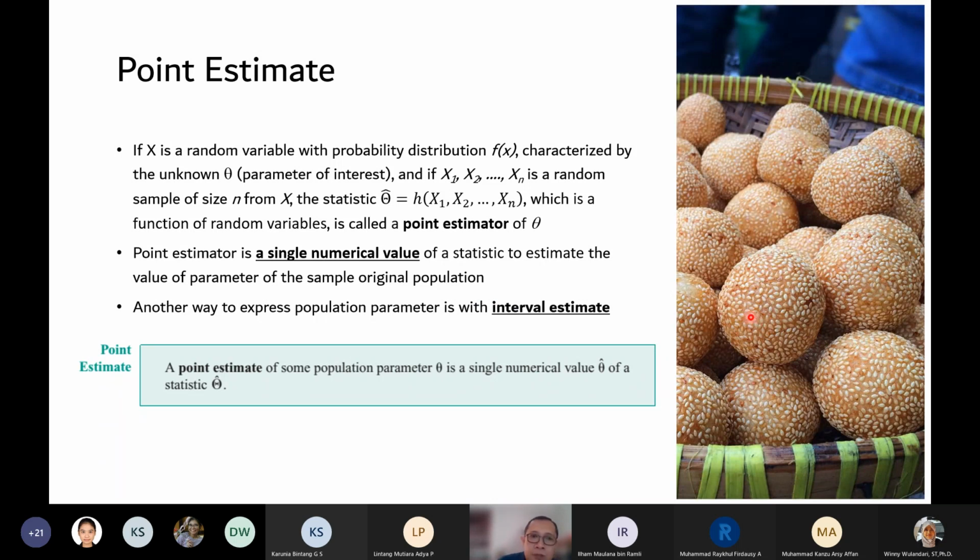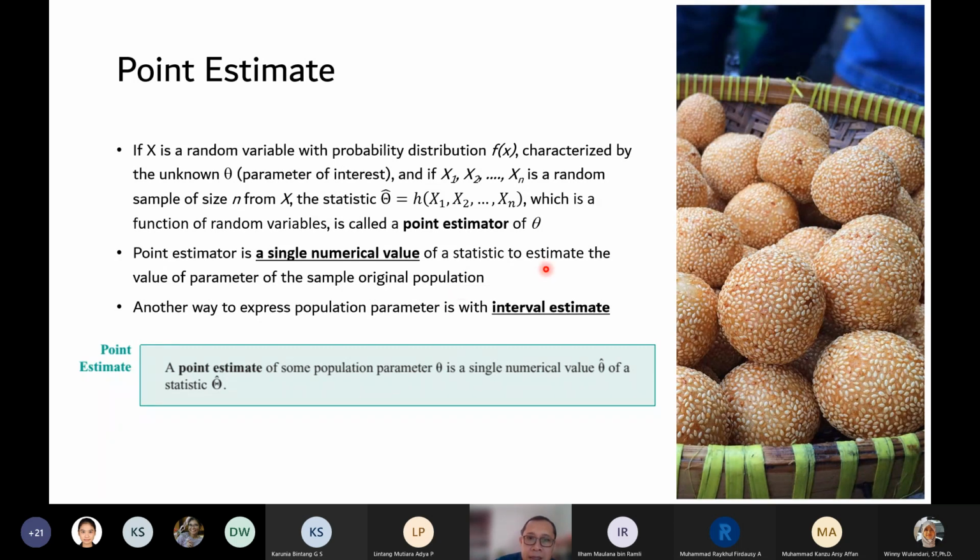When you quote that number, you're giving me a point estimate, which is just one number. You're not telling me yet about the uncertainty, the lower limit or the upper limit of your estimate.